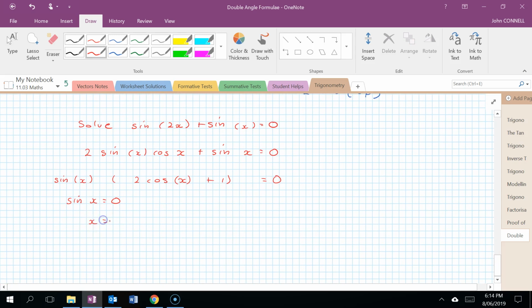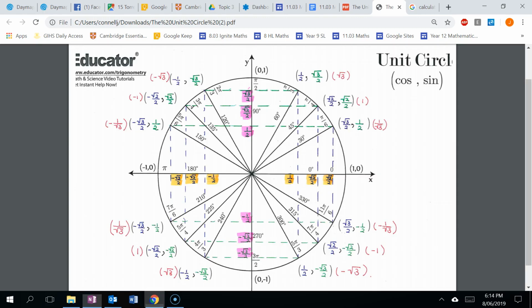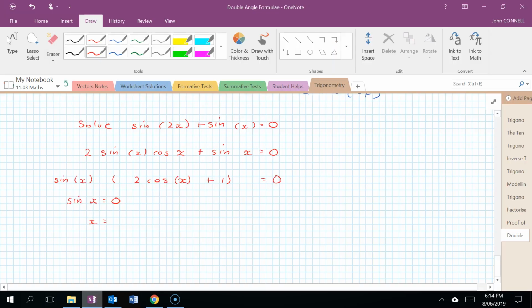So x equals, well, the options are: sine x equals 0. If I go to my unit circle, it's 0 at 0, pi and 2 pi. So x equals 0, pi and 2 pi for x between 0 and 2 pi. If it was a different domain, I'd have to include more values. Also, 2 cos x plus 1 equals 0 means that cos x is equal to minus a half.